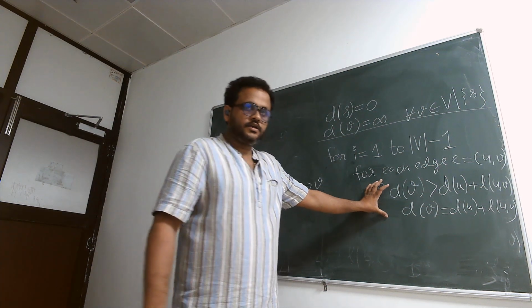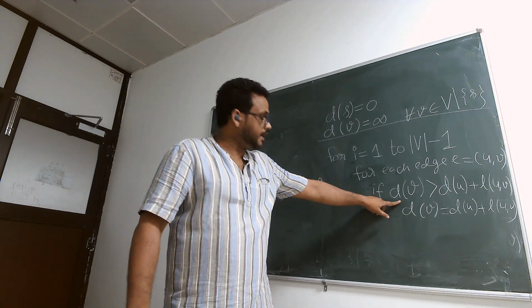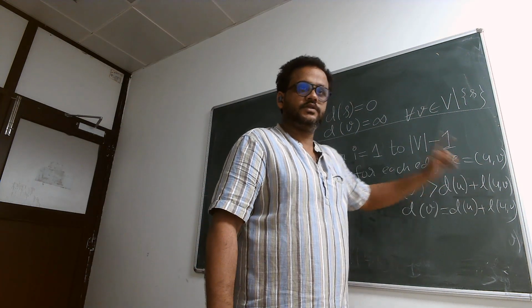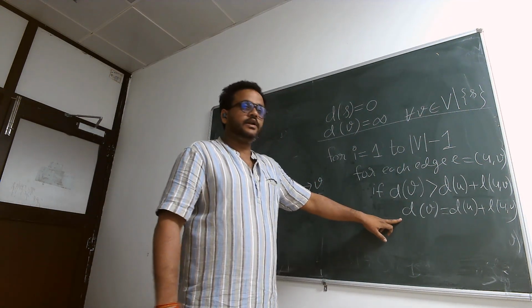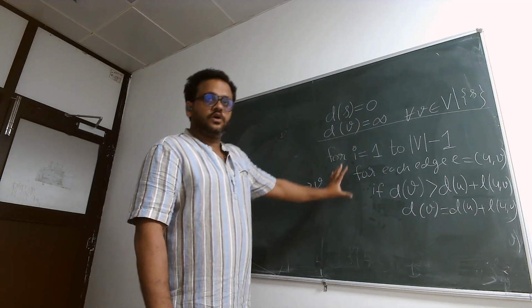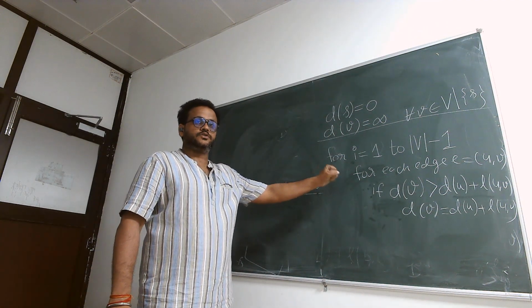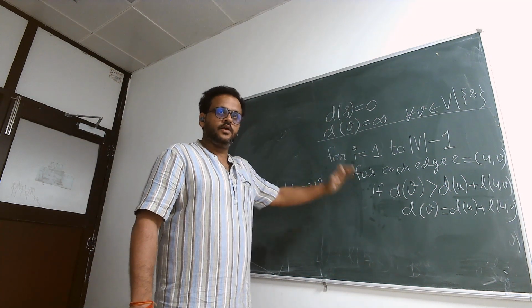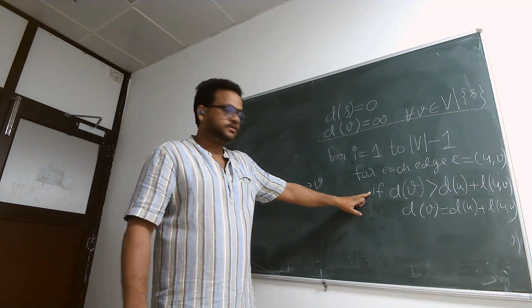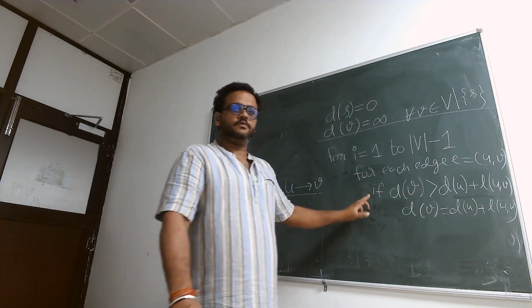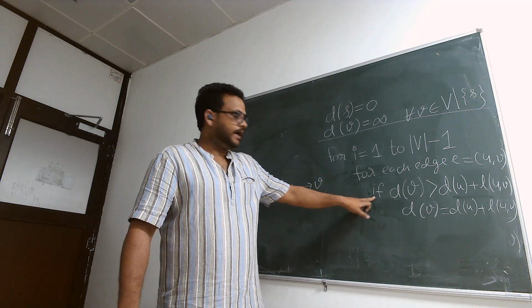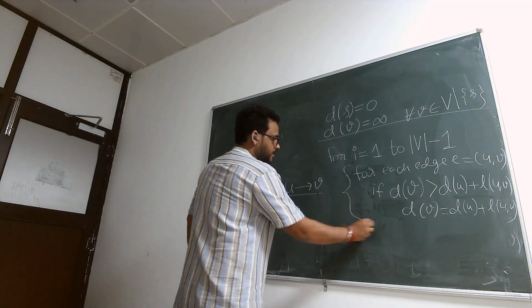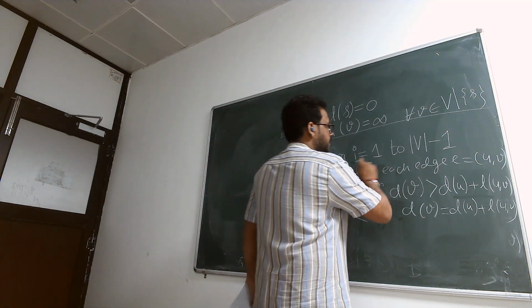If the current weight of this node is more than this, then we relax it. This is your Bellman Ford algorithm. For each edge, I'll check this condition, in any order, and then update it. This process I will repeat n minus 1 times.